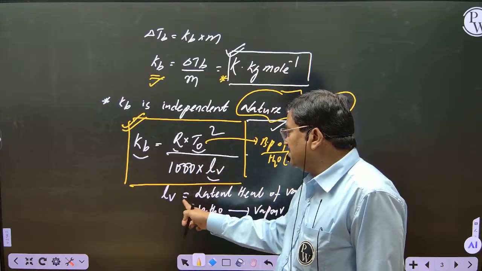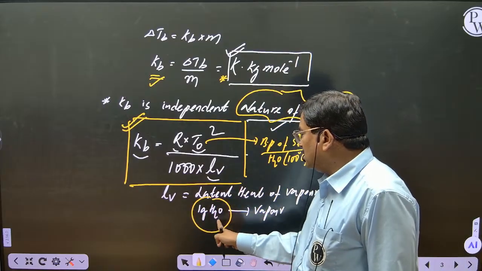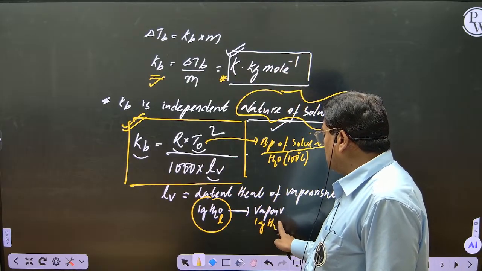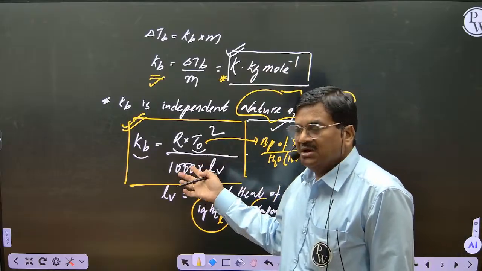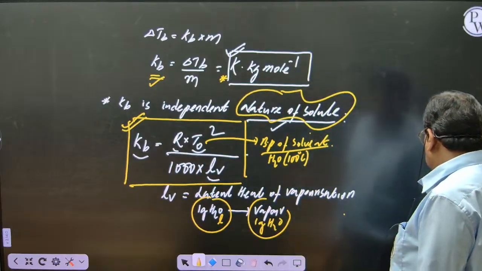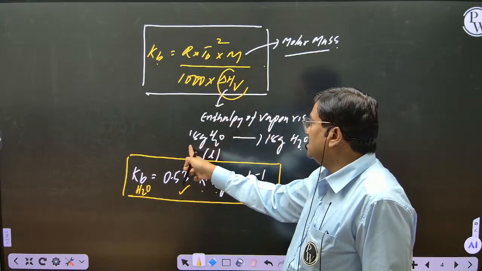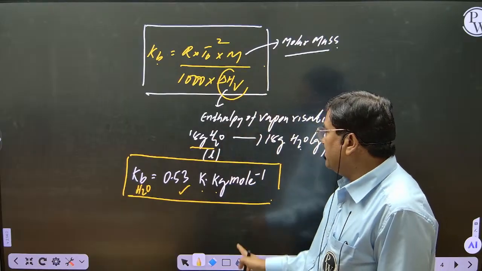What is latent heat of vaporization? The amount of heat required to convert 1 gram of water into 1 gram of vapor. If you want it for 1 mole, then we take the enthalpy of vaporization, which is for 1 mole of water. See the difference between latent heat of vaporization and enthalpy of vaporization.